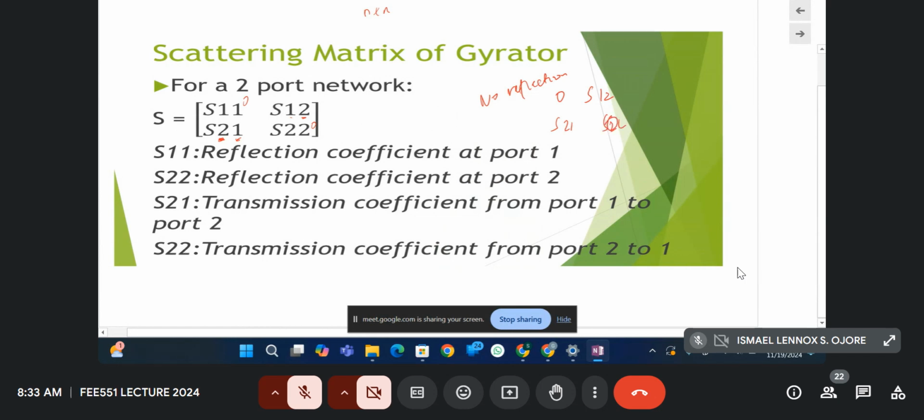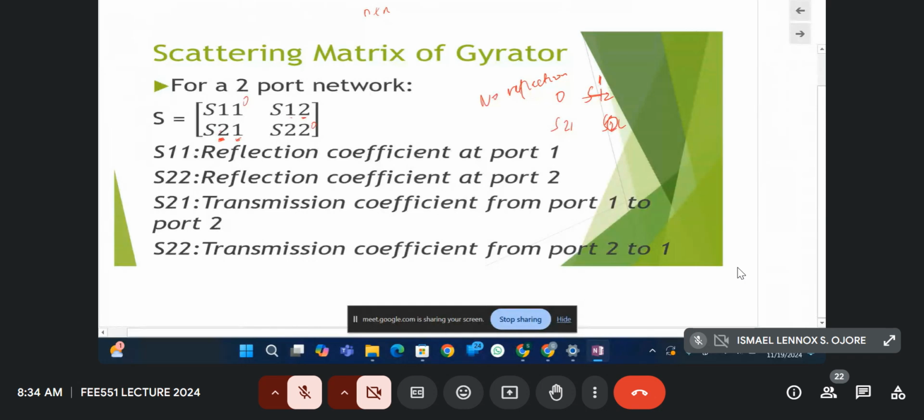Sorry, this is 0 as well. Then we are saying you feed a signal at port 2, you'll find that this electric wave has not changed in the plane of polarization. So you will find that it is 1.